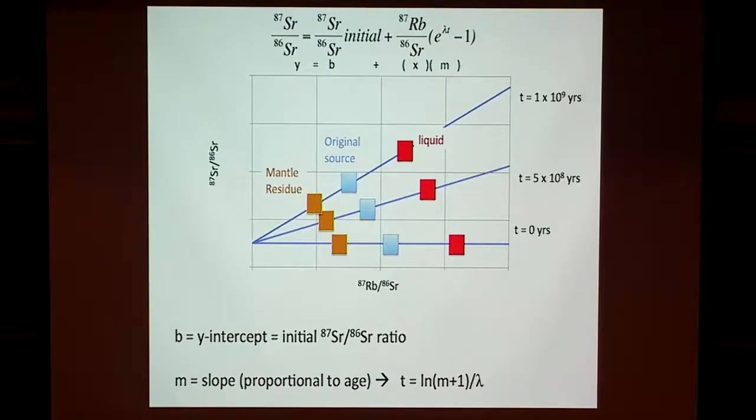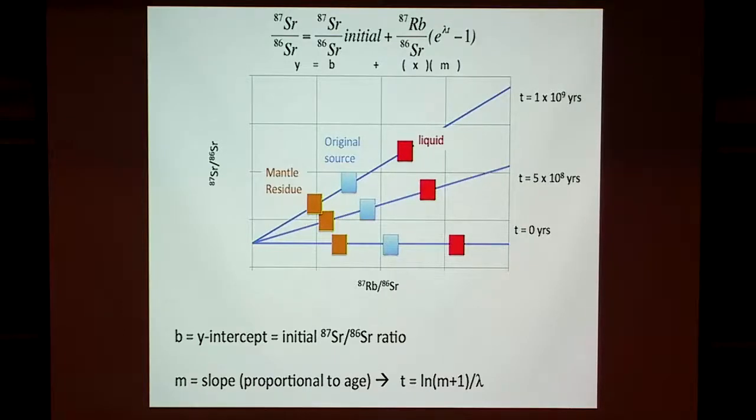So while we don't have a time machine, we do have the isochron, so we can back out what that initial 87-86 strontium was. We can measure this, we can measure this, we know lambda, and so we can back out what the initial was, even after time t.